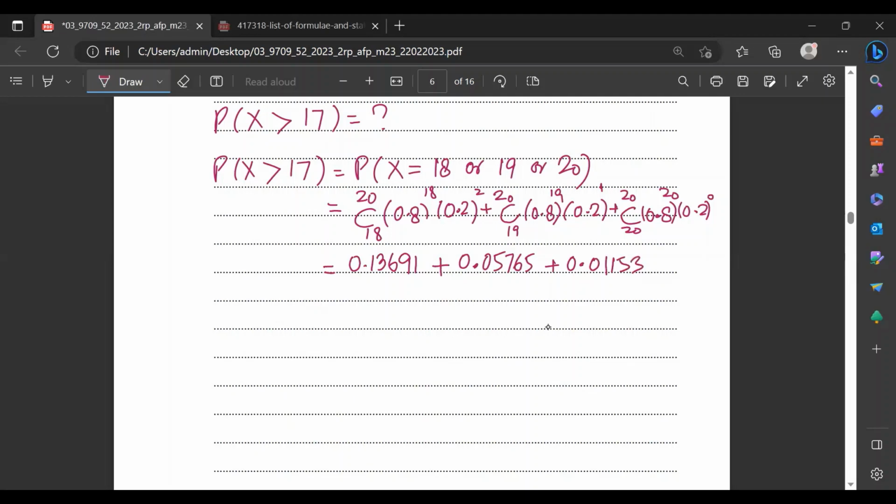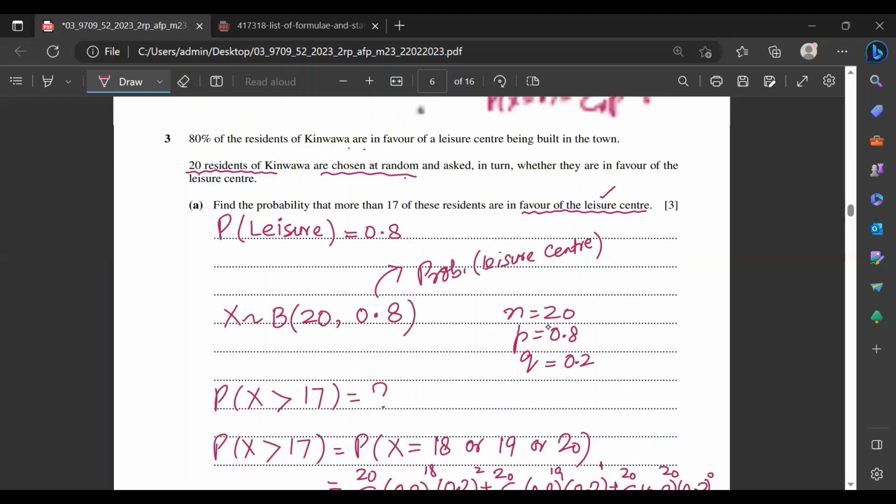Adding these values, 0.13691 plus 0.05765 plus 0.01153, the answer is 0.20609, and written to 3 significant figures, 0.206. So the probability of X greater than 17 is 0.206.